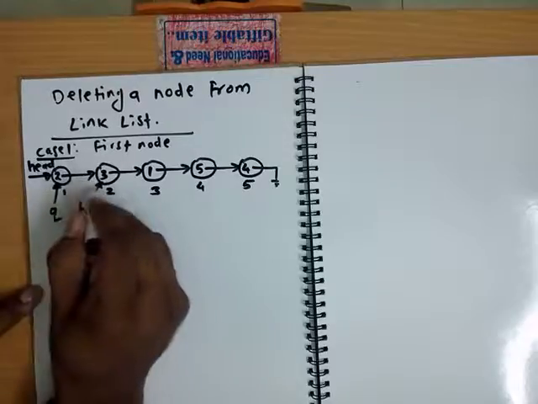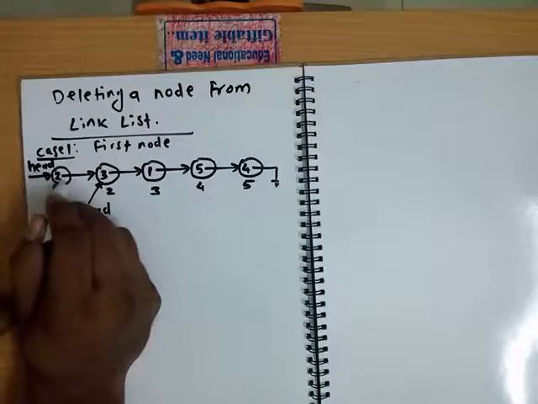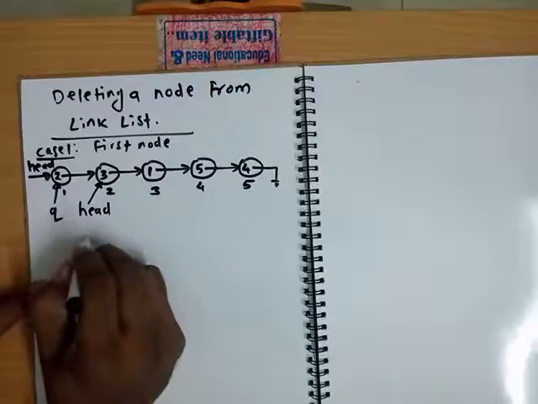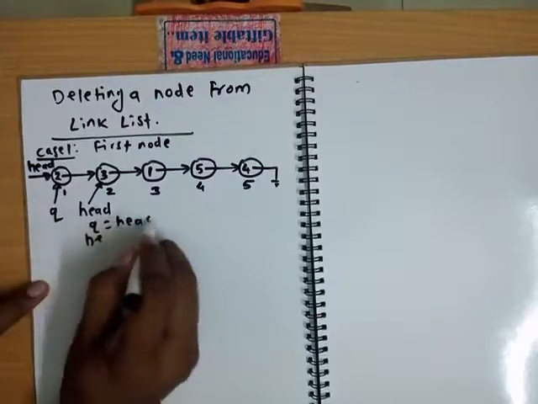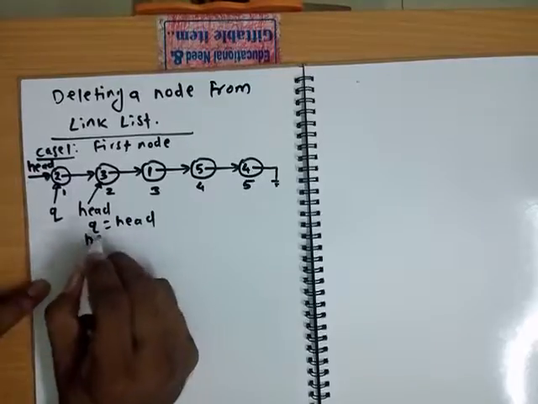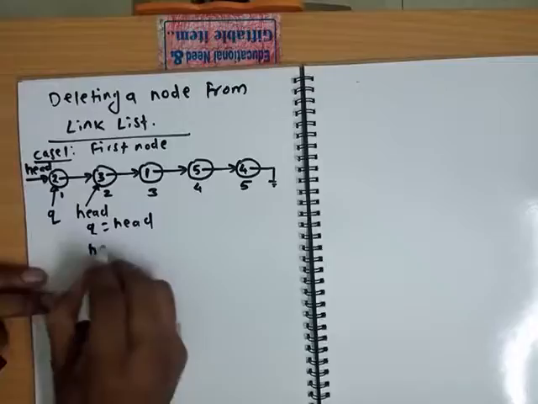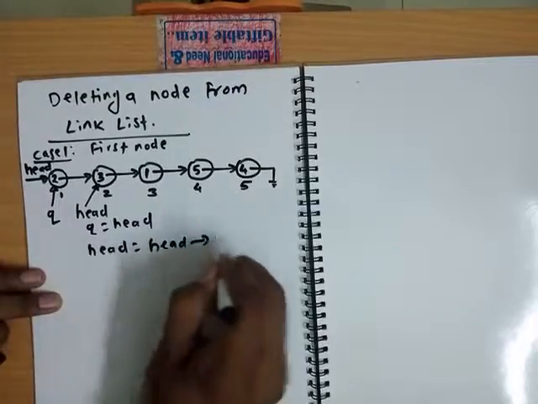Once I bring my head pointer, I'll simply say free the memory pointed by Q pointer, right? So the code is very simple, like this. First I'll say Q equal to head, then head equal to head arrow next.